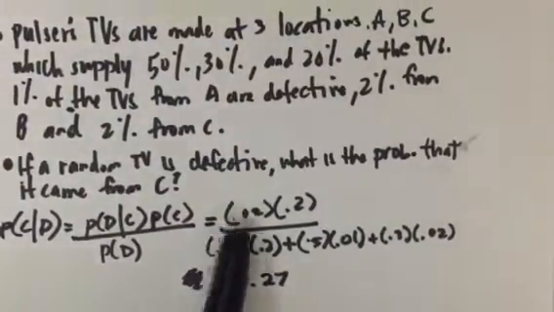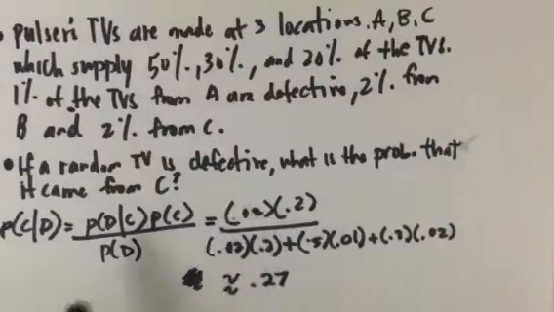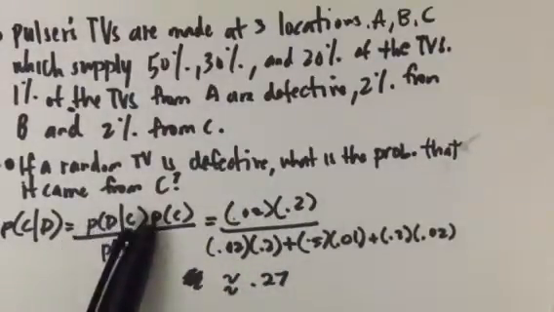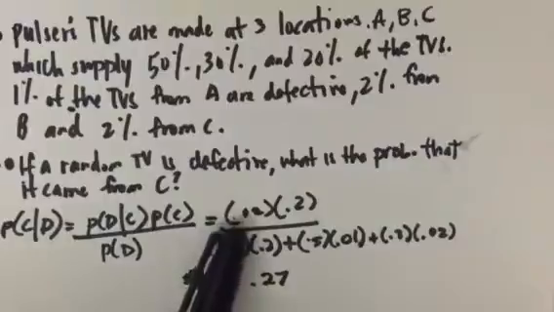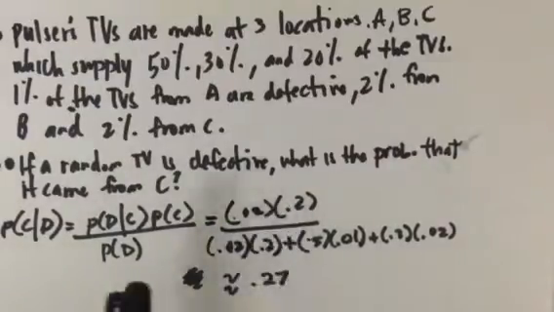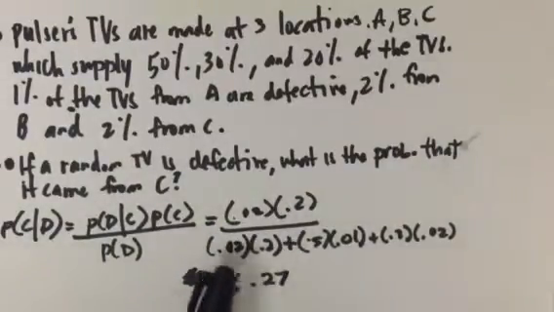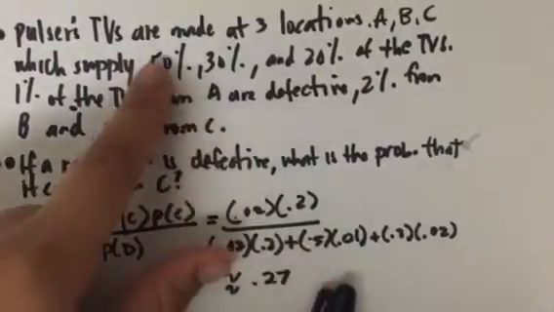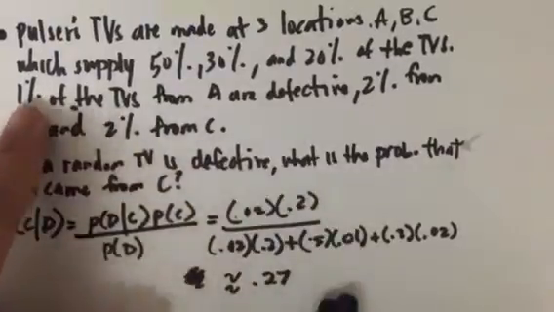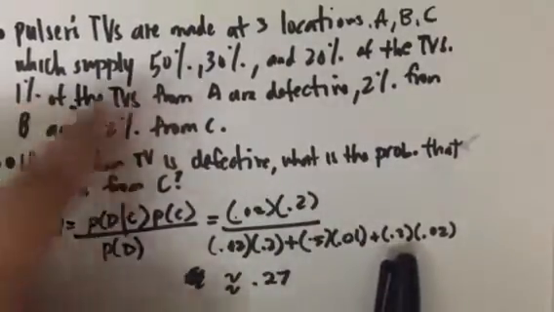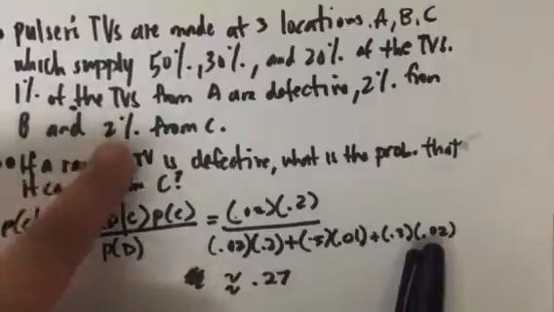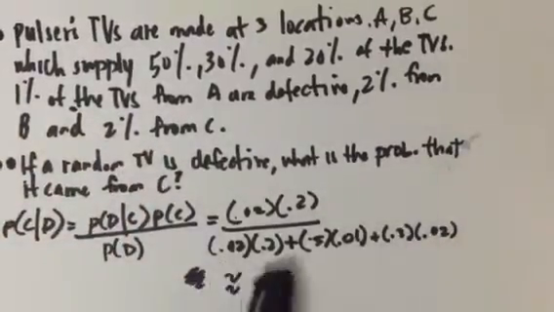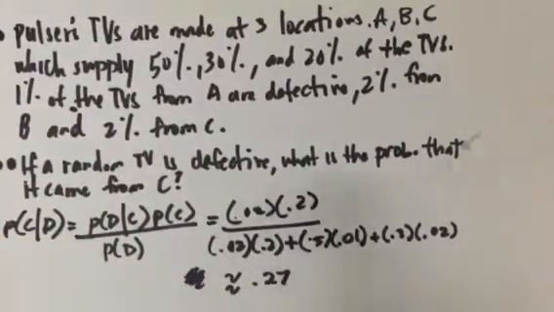So double checking, I make sure that the probability of D given C and the probability of C is 0.02 times 0.2, and then underneath you do the same thing, and so you make sure 0.5 is 50%, 0.01 is the 1% defective, and 0.3 is 30%, and 0.02 is 2% defective. So I checked my answer, and I can see that I plugged in the correct information, and so this is the final answer.